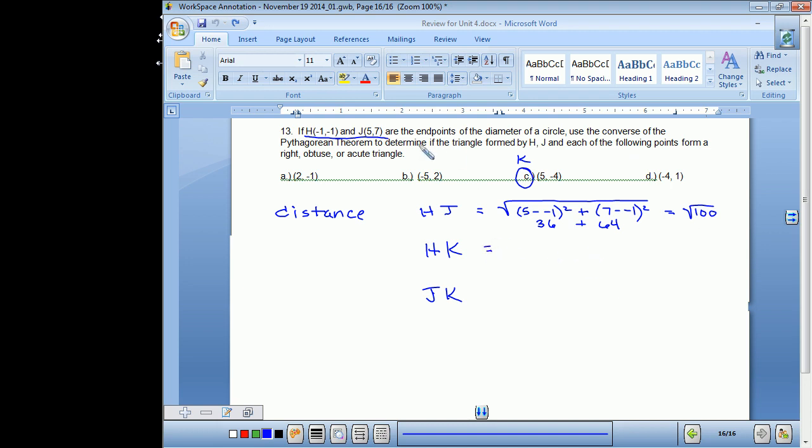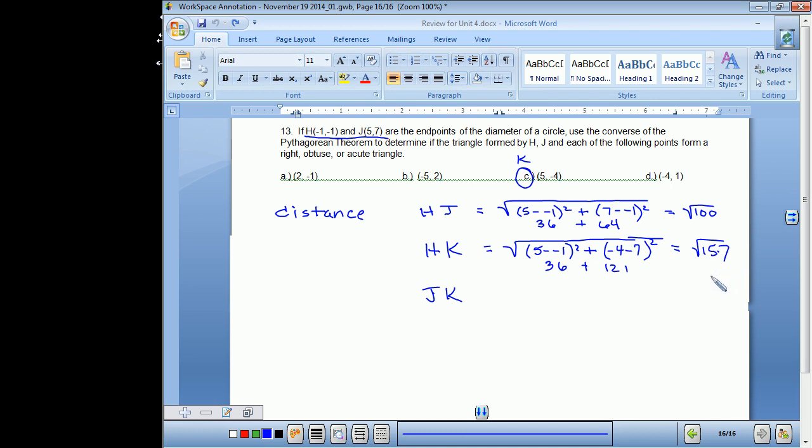Okay, so now let's find HK. So we'll do 5 minus negative 1 squared plus negative 4 minus 7 squared. And so this gives us 6 squared is 36, 11 squared is 121. So this is the square root of 157.